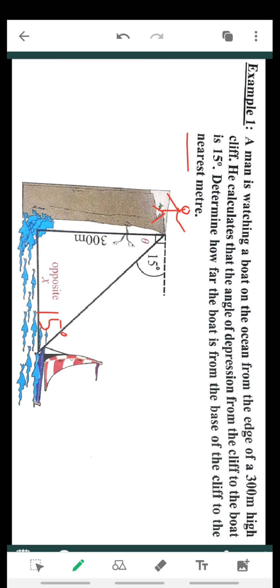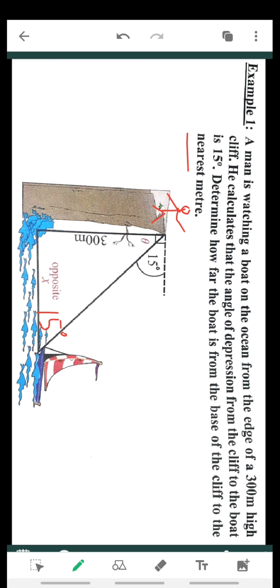First of all, we needed to show the marker that we have 15 degrees inside that right angle triangle, and we have x, which is the variable that I've introduced, and we have 300 meters, which is the height of the cliff. Okay, so now you must relate your angle with the size of the right angle triangle.